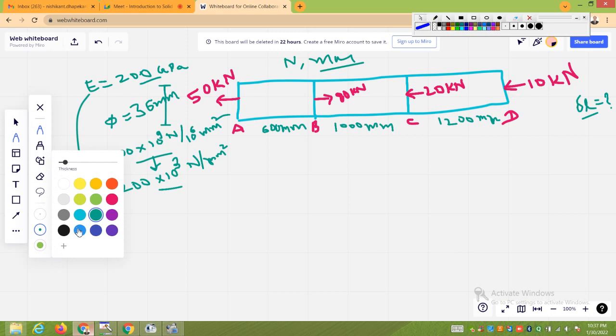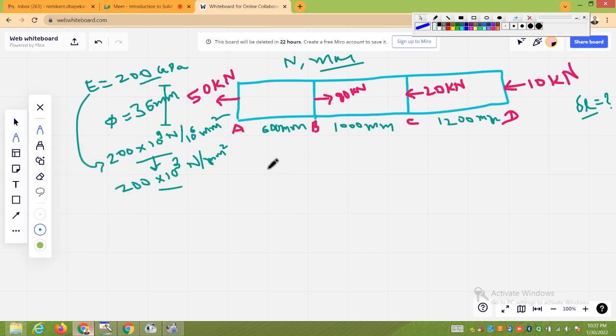So here you break up these three sections into three different parts. This is your section AB, right? To make you students comfortable, I am trying to draw one below the other so that you can easily grasp the concept.